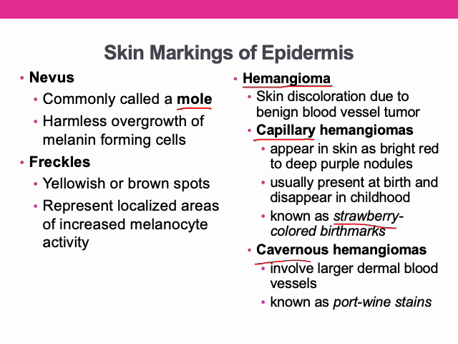Cavernous hemangiomas are also known as port wine stains, and the reason for that, as you'll see on the next slide, is because it looks like somebody poured a glass of wine on someone's skin. They are usually present at birth, but they disappear once a child reaches the age of 10.